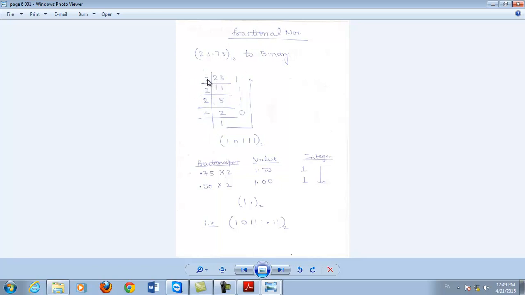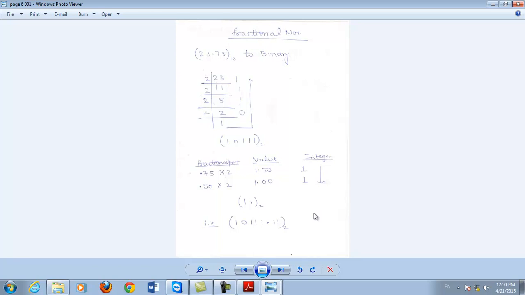In case of octal you have to divide by 8. In case of hexadecimal you have to divide by 16. And in the fractional part you have to multiply by 8, or multiply by 16 in case of hexadecimal. This is the conversion process of fractional numbers.